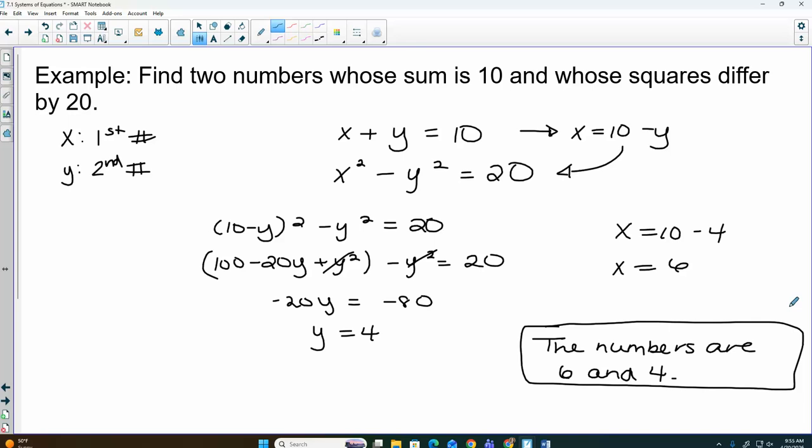So define your variables, write your system, solve it, and answer in sentence.